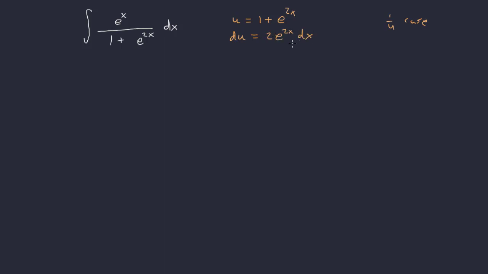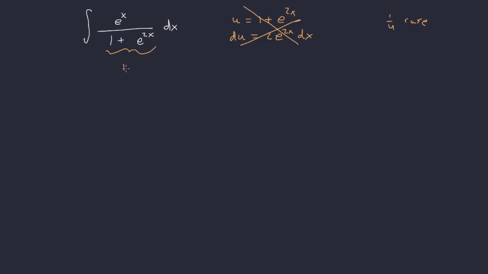Now, here's the thing. I have an e to the x up here, but I don't have an e to the 2x up there. So that's not going to work. So what you need to be on the lookout for is if you have something like 1 plus something squared.